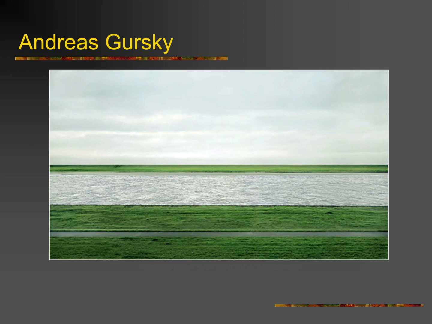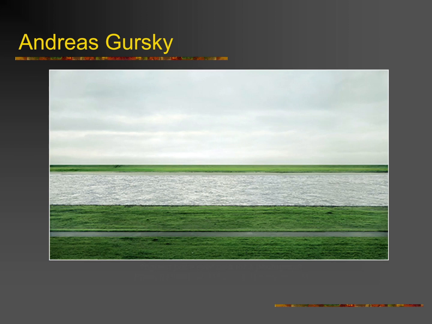This image is a picture of the Rhine, which is the highest selling photograph in history. It's called Rhein II, sold for $4,338,500. That price has been superseded by another photographer, but maybe not a truly real sale.